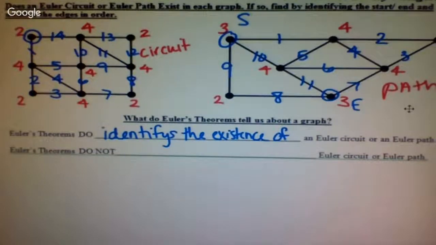What it does not do, which is what you just had to do, is actually find a specific circuit or path. So when you count your degrees, that will tell you whether you have a circuit or a path, but it will not find it for you. You need to find it yourself.